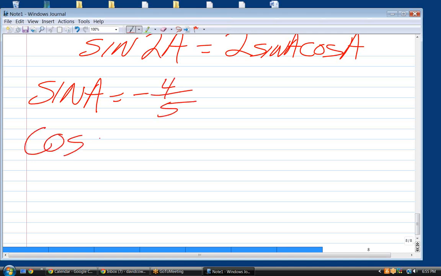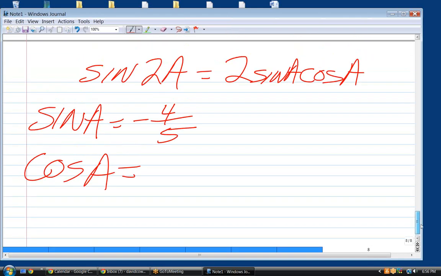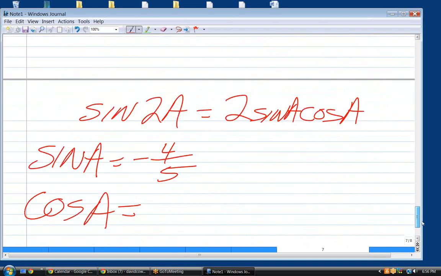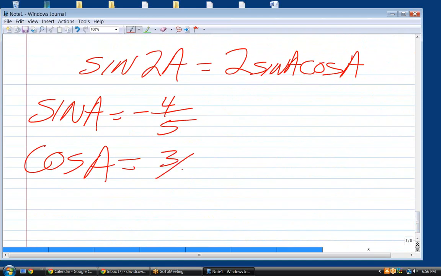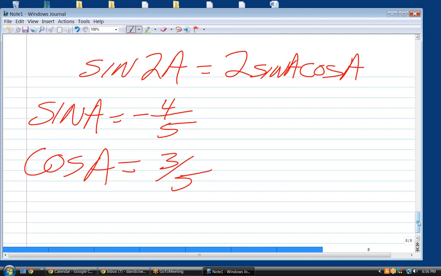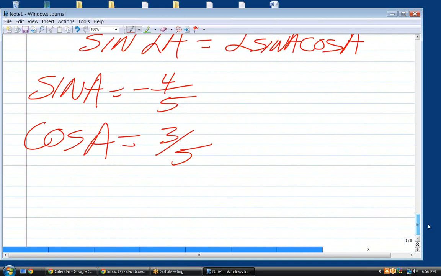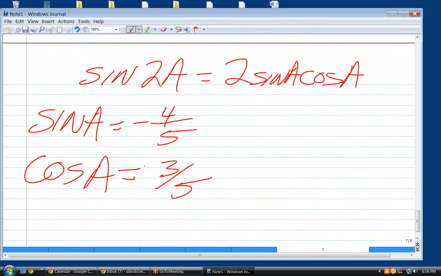And the cosine of A, that's what we figured out, was 3/5 positive, because A is in the fourth quadrant. That's why its sine is negative and its cosine is positive.